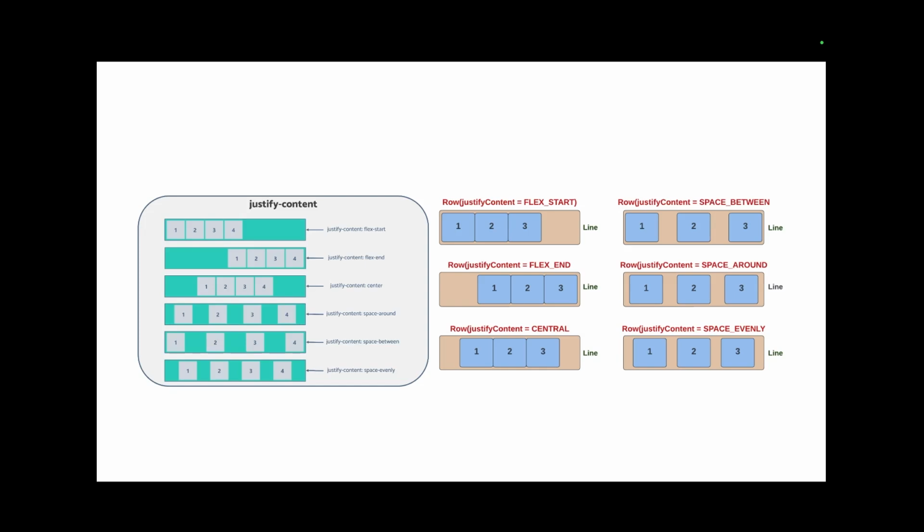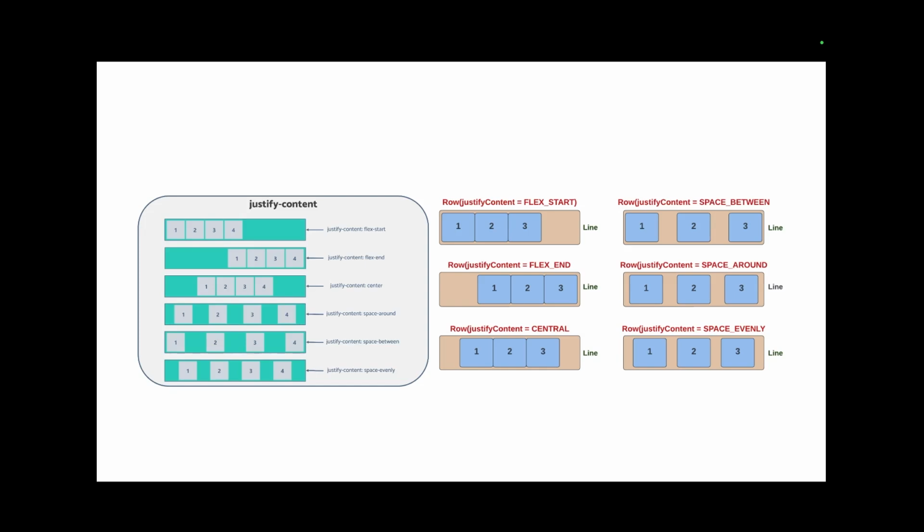For justify content, there are flex start, flex end, center, space around, space between, and space evenly. With flex start, the items start from the left side, and with flex end, the items are arranged on the right side.